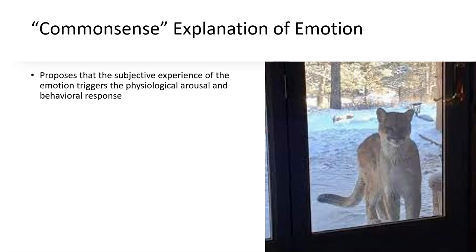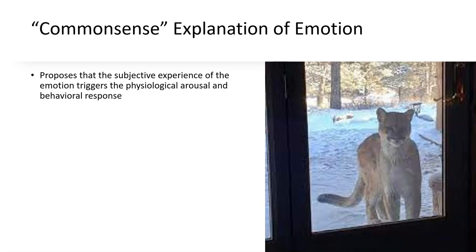So the proposal in this common sense explanation of emotion is that you have a subjective experience. If I were sitting in that kitchen and there was a mountain lion, I might initially be a little concerned, and then I would have to deal with my dogs losing their minds because they would be crashing the window and trying to get at this mountain lion, which is to them just a giant interesting cat.